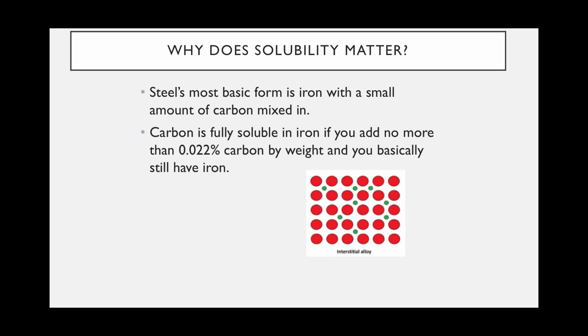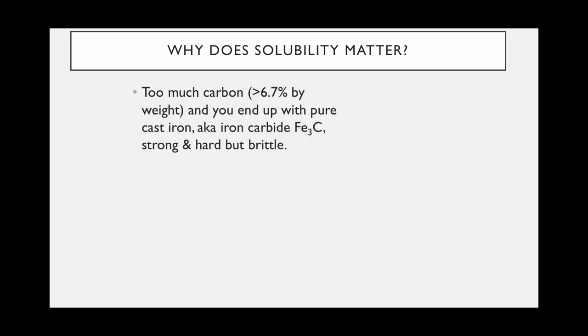Now on the opposite spectrum, if you add more than 6.7% by weight, you don't have any behavior even close to iron, and you end up with iron carbide, which is pure cast iron. It's very strong, but it's hard and brittle. You might be familiar with a cast iron, and that's probably not even pure cast iron, so less than 6.7% by weight.